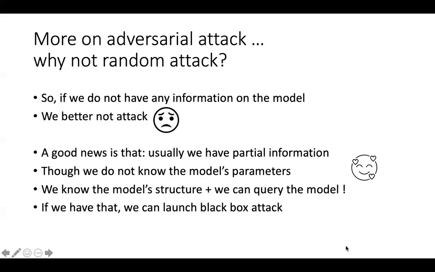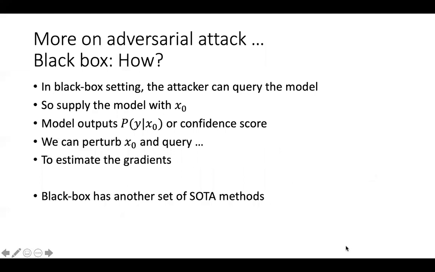One typical way is that I supply the model with X0, and then the model outputs some confidence score. Then we perturb X0 and query, perturb X0 again and query to see how the confidence score changes. Then we can estimate the gradients based on that. But anyway, black box attack has another set of state-of-the-art methods, which we will not cover today.